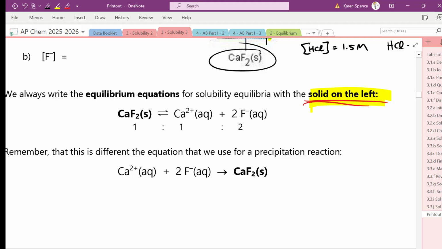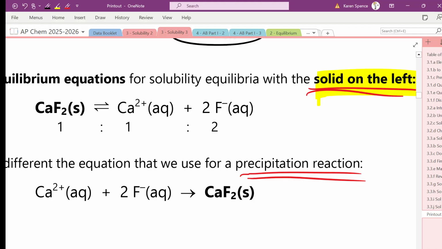Remember, this is different than what we use for a precipitation reaction. A precipitation reaction, where does the solid go? Solid goes on the right. And what kind of arrow do we use? Which of these two would we use for a titration? Would we use the SEE, or would we use the PE?